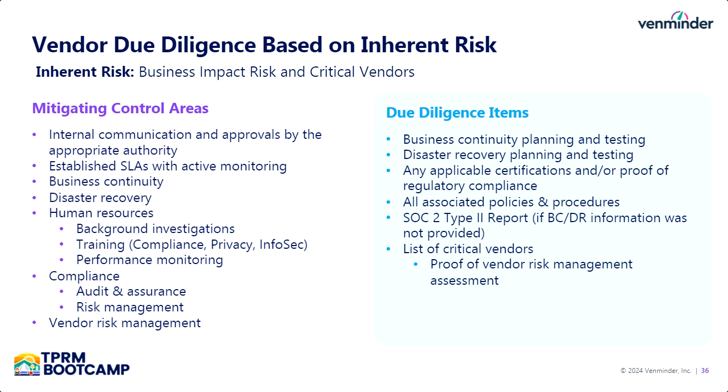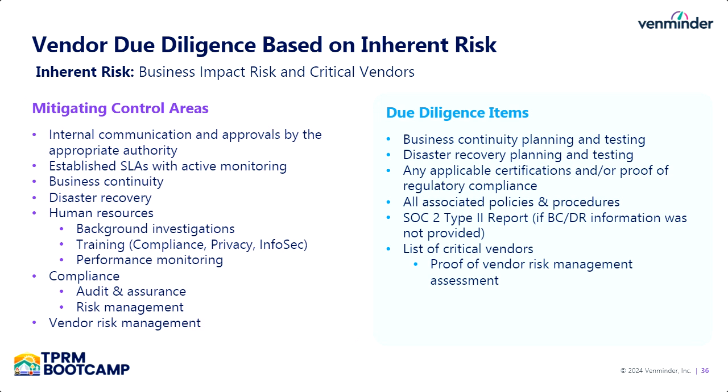So some of the control areas we'd look at would be internal communications, specific SLAs, business continuity, disaster recovery, human resources, which is all that background checking, training, and performance monitoring, as well as their compliance structure, which includes audit, how they manage risk, and how they manage their vendors.